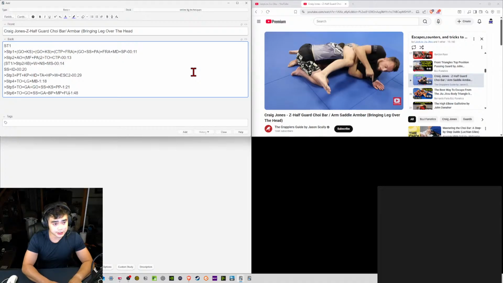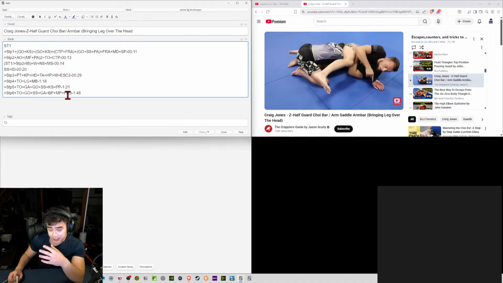Plus frustrate. The reason why I added this abbreviation is that if you're this guy right here and you're having your arm like this while the leg is pushing down on your shoulders, that would cause you to be frustrated. You know what I mean? So that's why I use this block.